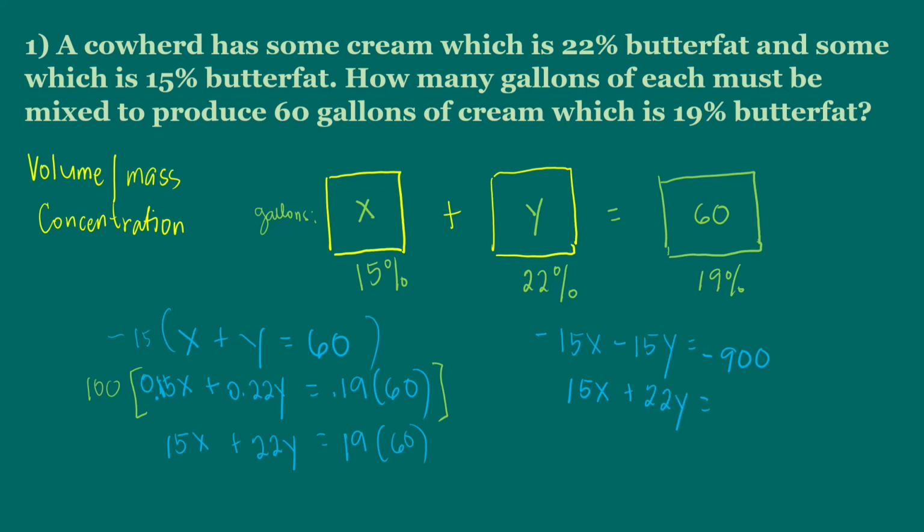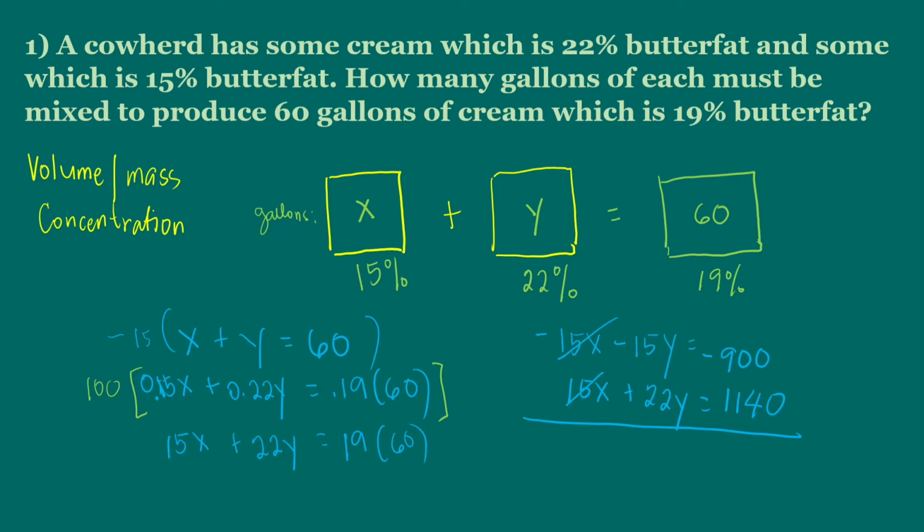Now, let us multiply 19 and 60. 19 times 60 is 1,140. Alright? So, with this, we can now eliminate the variable x. Now, let us subtract y variables. Negative 15 plus 22. We will combine.